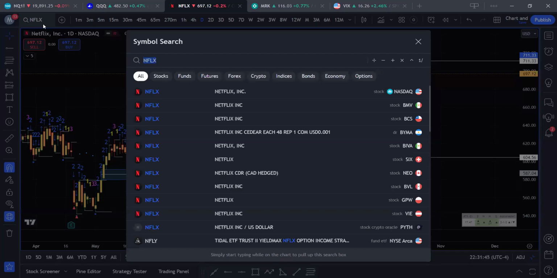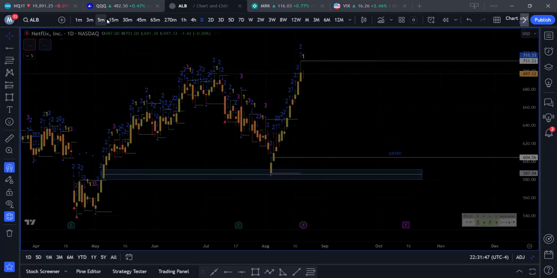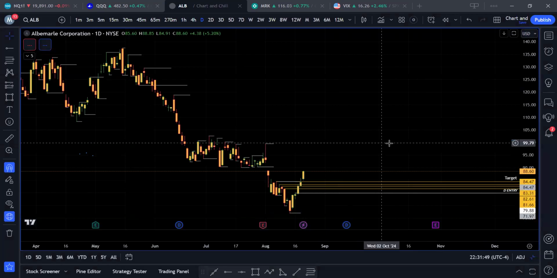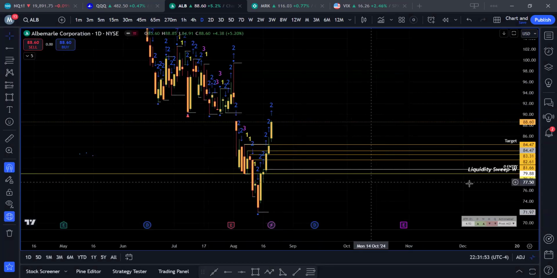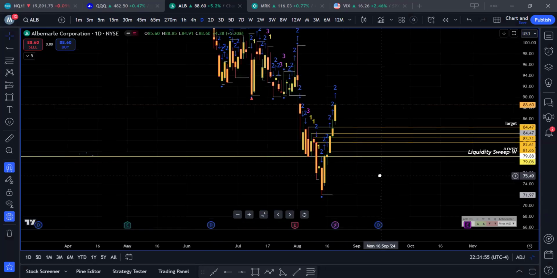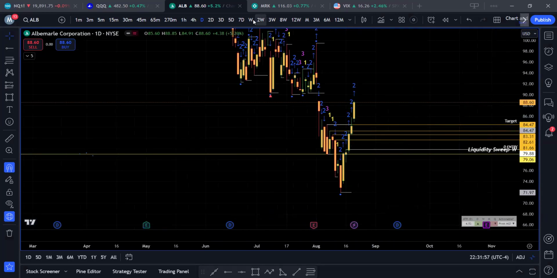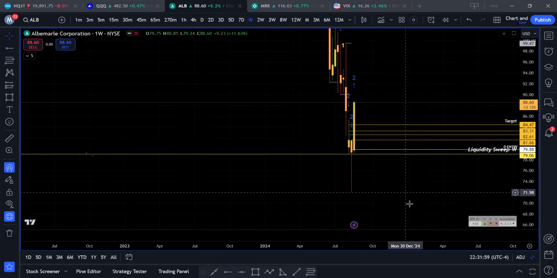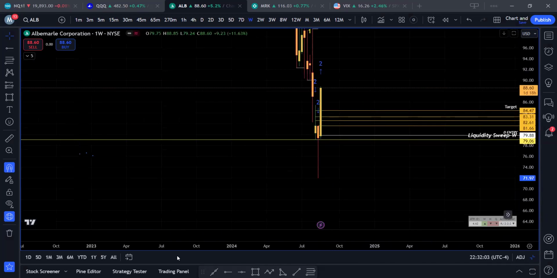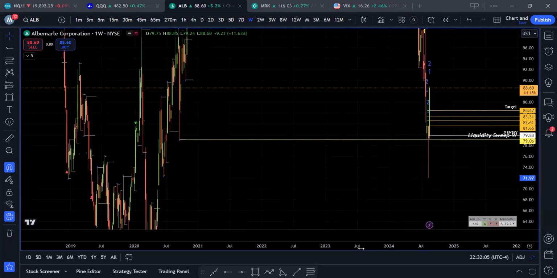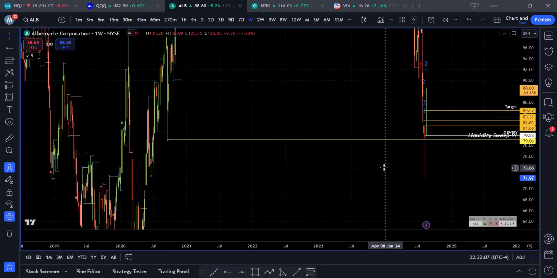Now, ALB, let's take a look at that because we talked about this on Sunday. I still got the targets marked out. Where's the liquidity sweep? Ah, we talked about this on Sunday as well, right? Remember how I was saying if you figure out liquidity sweeps and all that stuff, you can trade any ticker you want.